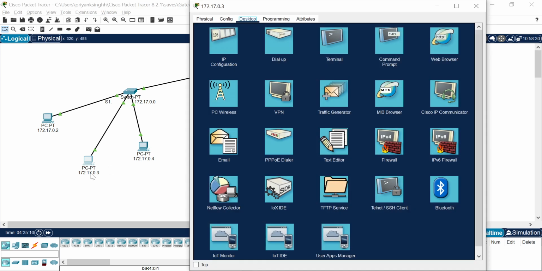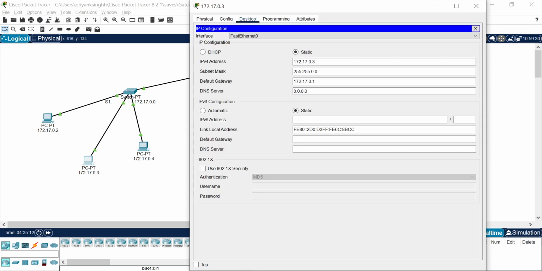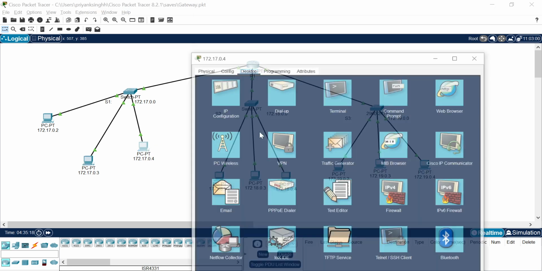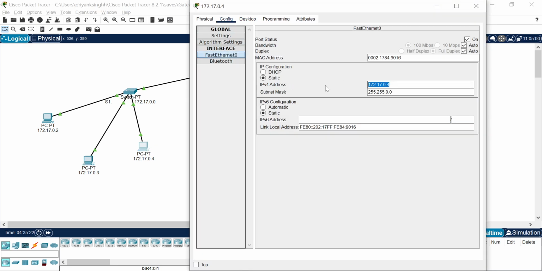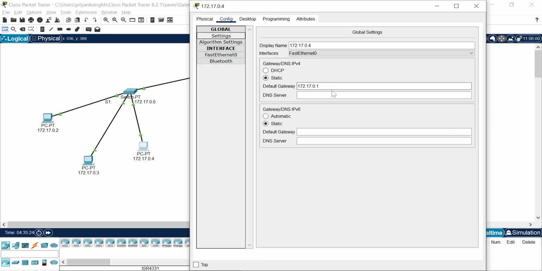Similarly, I have configured this PC also. I have given 172.17.0.3 as the IP address over here, and the same gateway. Similarly, I have configured this PC also. You can confirm this from here also, and the gateway from this global setting also.